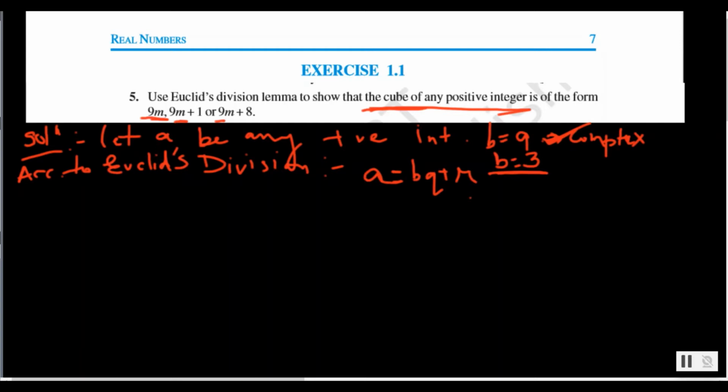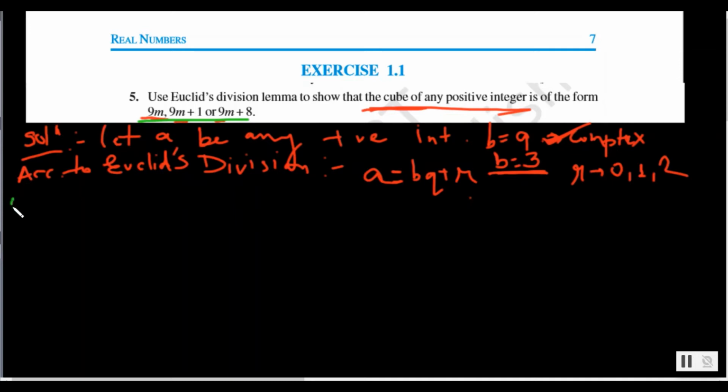Here we have taken b as 3, and hence the possible values of r can be either 0 or 1 or 2. So now, substituting the values one by one and cubing both sides, we will try to find this given condition.